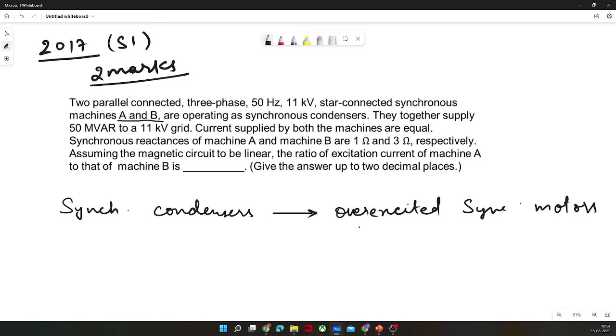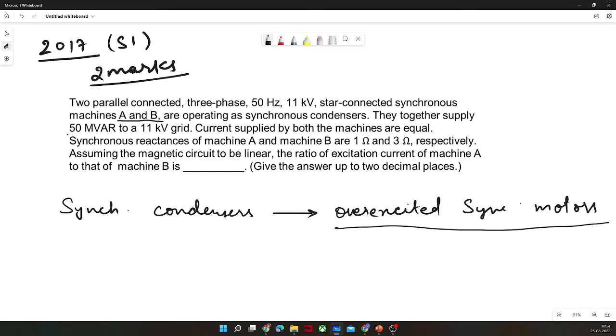What does it mean? It means it has more reactive power and now it can supply some reactive power either to load or to grid or to any such kind of absorber. So that's what these both machines are connecting in parallel and they both are supplying reactive power to the grid.